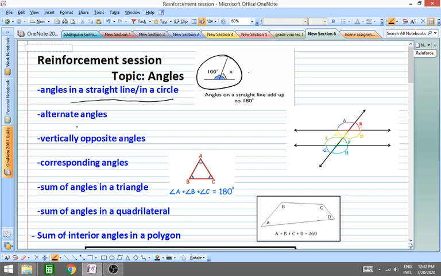Now what are alternate angles? For alternate angles, two parallel lines would be given. Here I have mentioned a diagram in which I will explain all three types of angles, that is alternate, vertically opposite or corresponding. For alternate angles, one must consider the fact that parallel lines should be given to you.